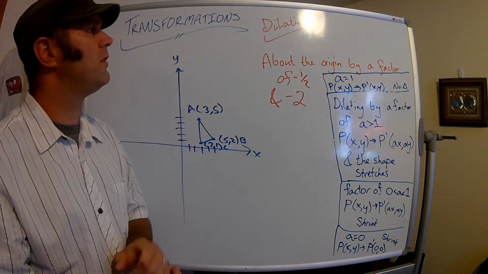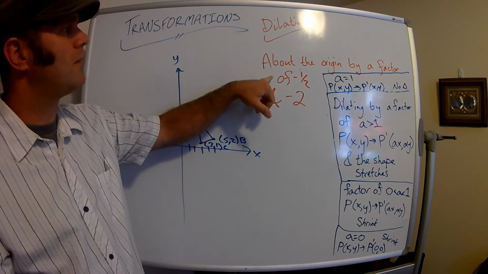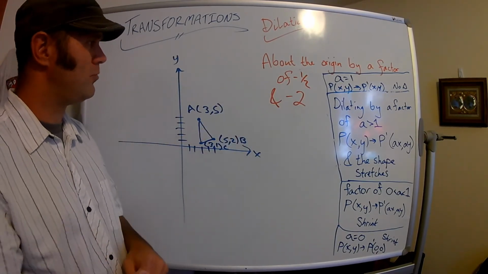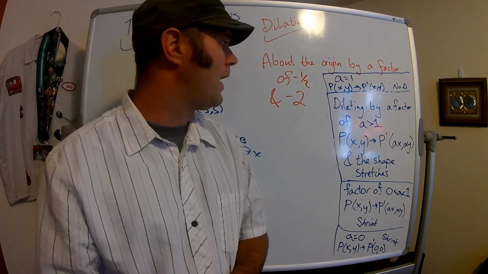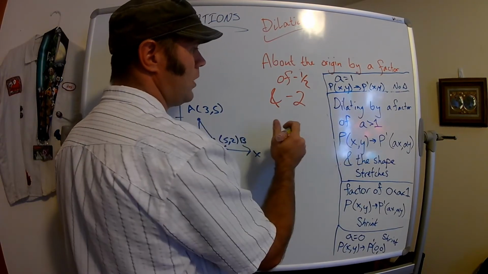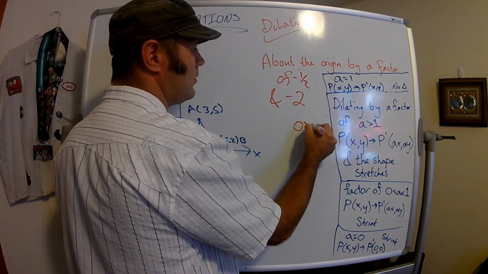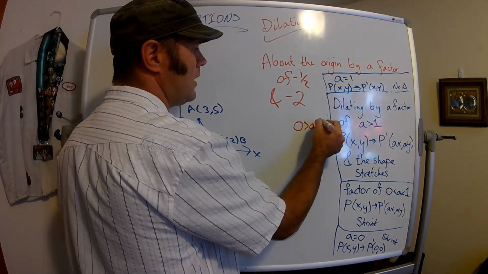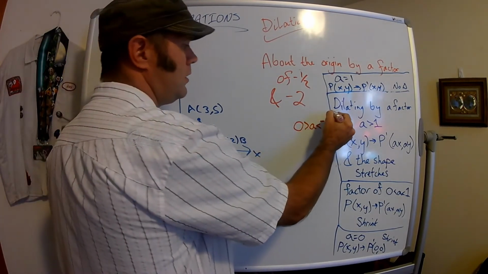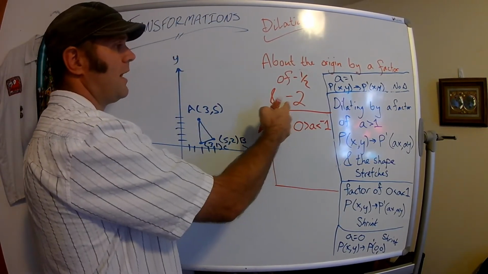We're going to do two different things at the same time. We're going to actually do a factor of -1/2, and we'll also do a factor of -2 to the same shape, just to see what's happening when a is less than 0 but greater than -1. So a is less than 0 but greater than -1. Okay, so that's going to be another rule. And then we're also going to do a factor of -2.